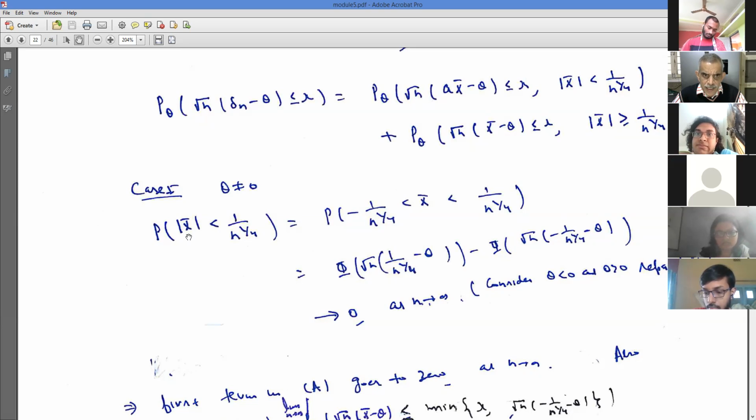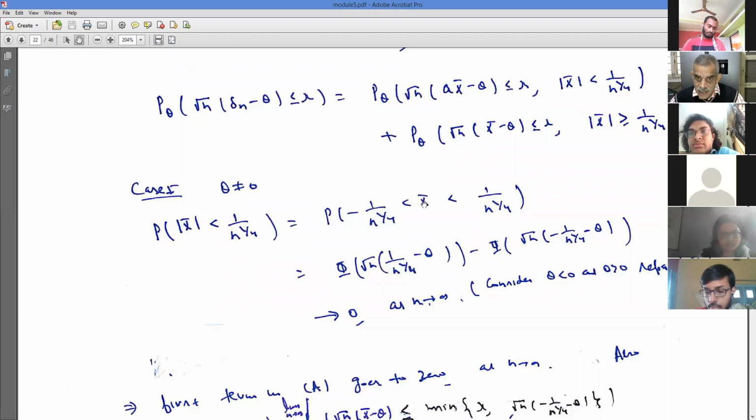Let us look at the probability that mod of x bar is less than 1 upon n to the power 1 by 4. This is the same as the probability that x bar is greater than minus 1 upon n to the power 1 by 4 and less than 1 upon n to the power 1 by 4. Now, when theta is not equal to 0, I normalize it because root n times x bar minus theta is normal 0, 1.